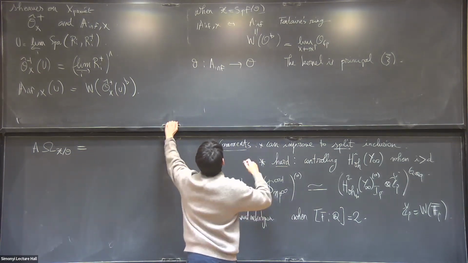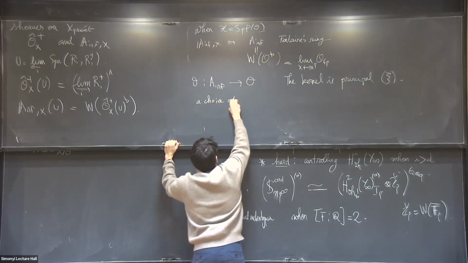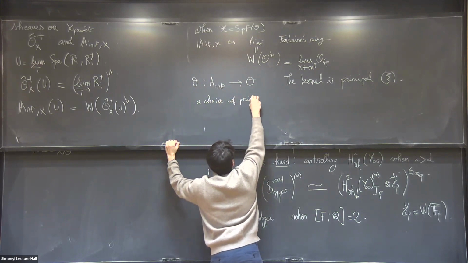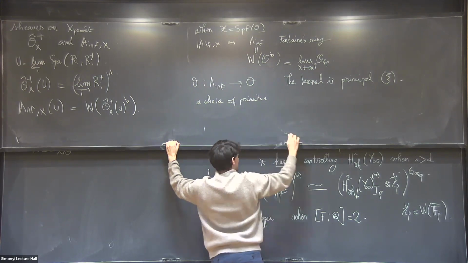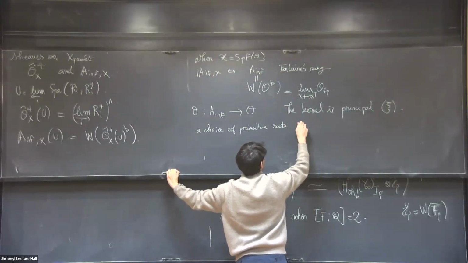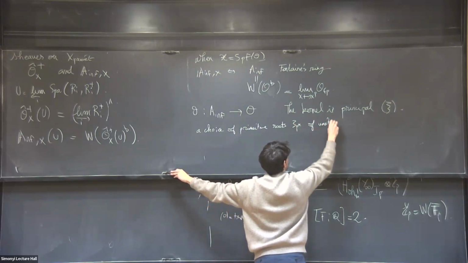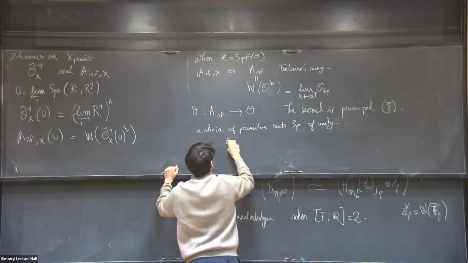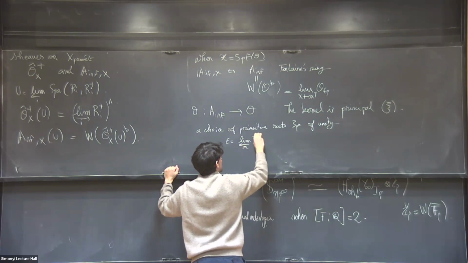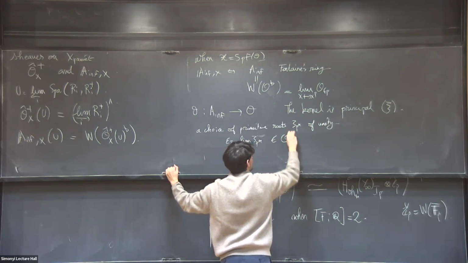So choice of primitive p to the r roots of unity will give you an element epsilon in O_C flat.